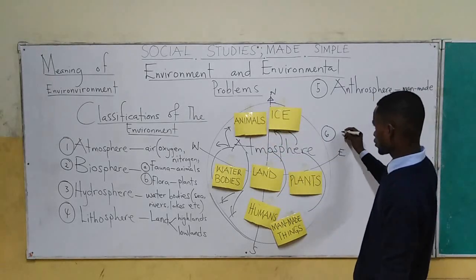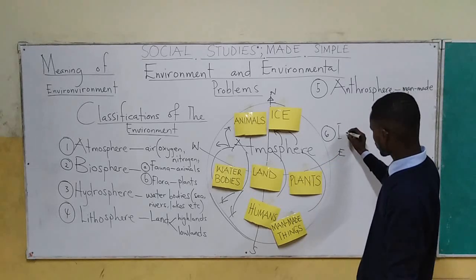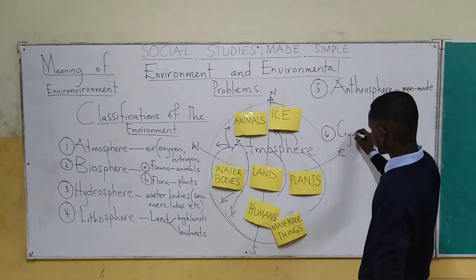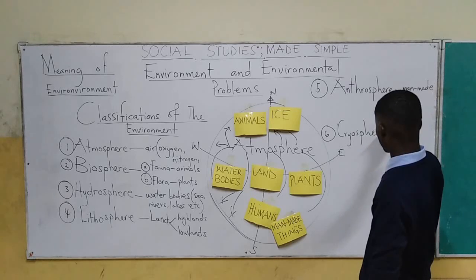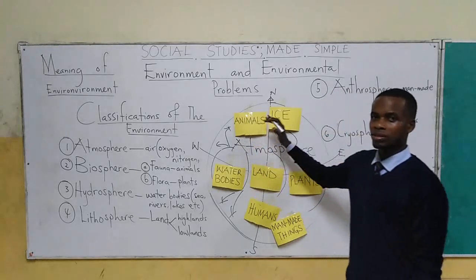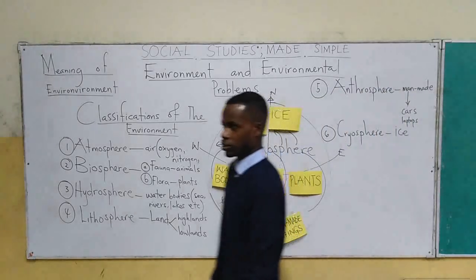So the icebergs, the glaciers are there. So ice, we put those under cryosphere, a part of the Earth sphere that contains ice. Cryosphere. Good.